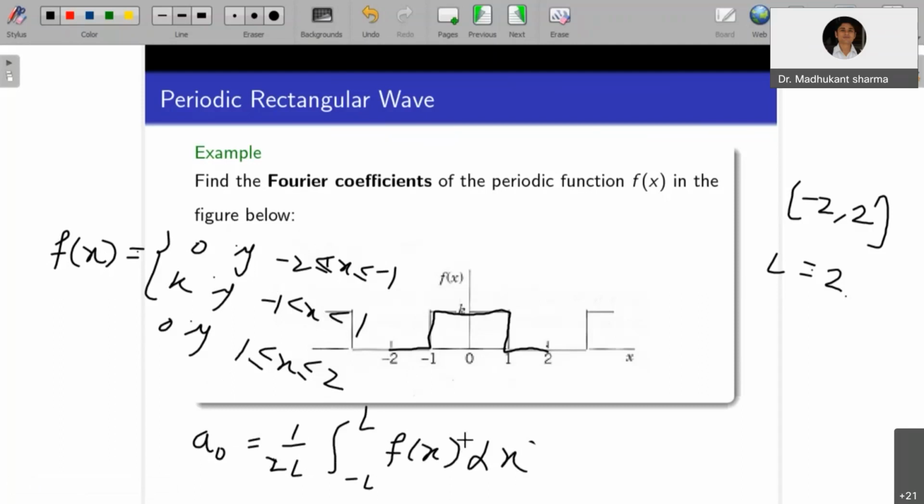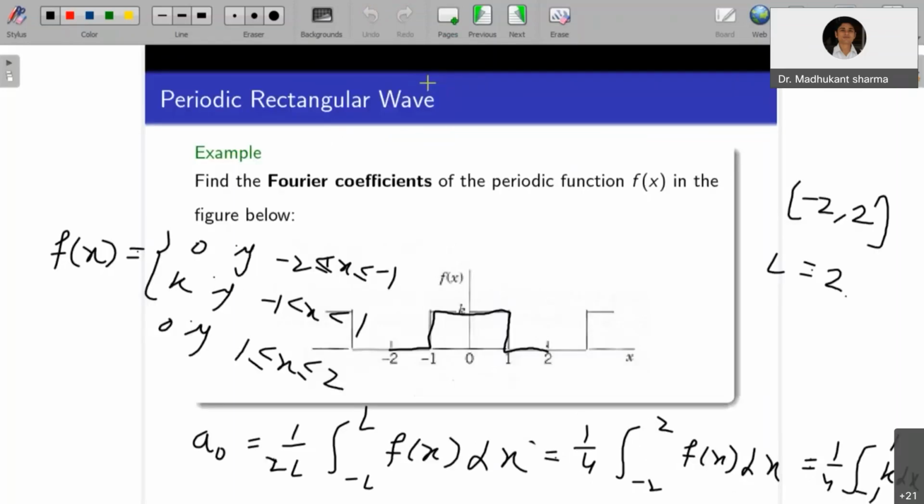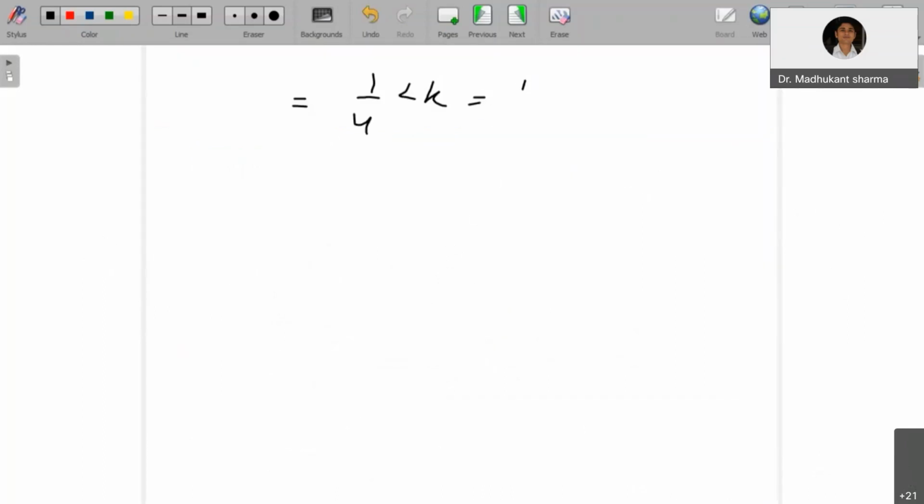So it is 1 by 4 integration from minus 1 to 1 of k dx, which is 1 by 4 times 2k, so this is k by 2. So a naught is equal to k by 2.